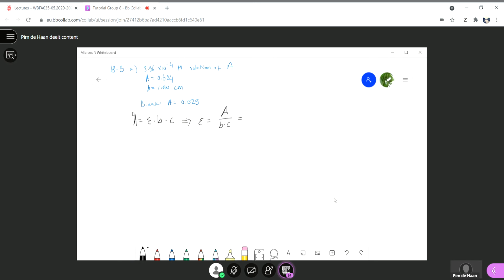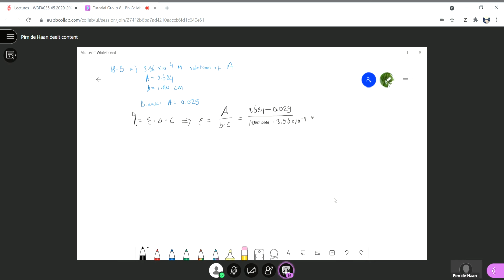The absorbance we have to correct for the blank. So we're going to subtract the blank here. 0.229 divided by B, 1 centimeter, times C, the concentration, 3.96 times 10 to the minus 4.